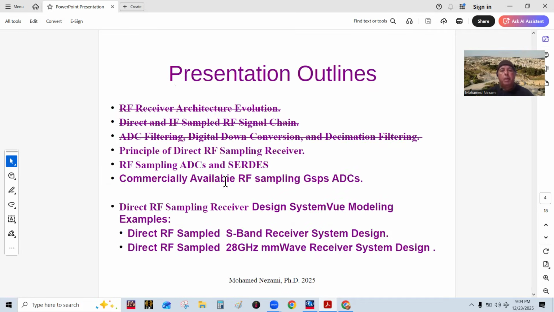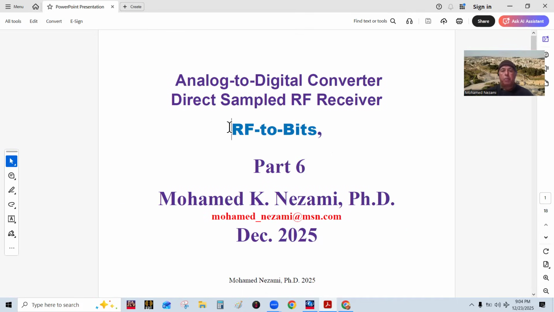Okay, all right. So we've been talking about these various parts of overviewing and illustrating the utilization of RF sampling analog to digital converters in RF sampling receivers that do not use any frequency translations, meaning, like I mentioned in here, RF to bits, basically.